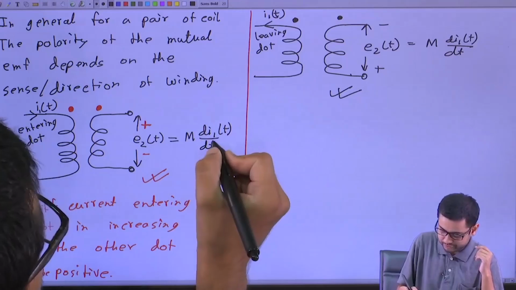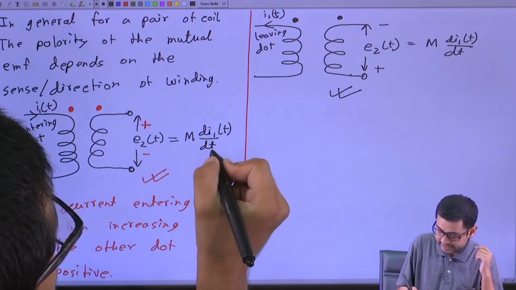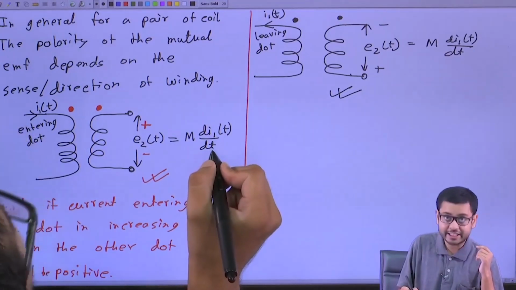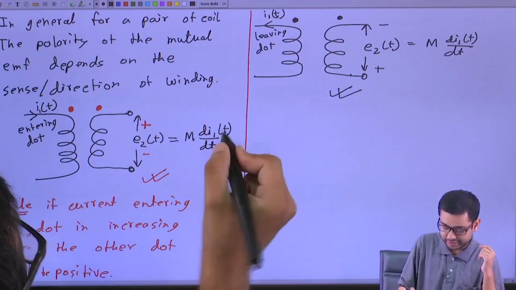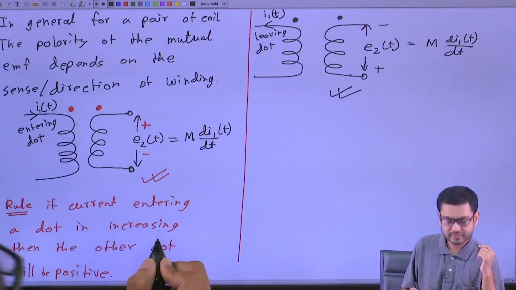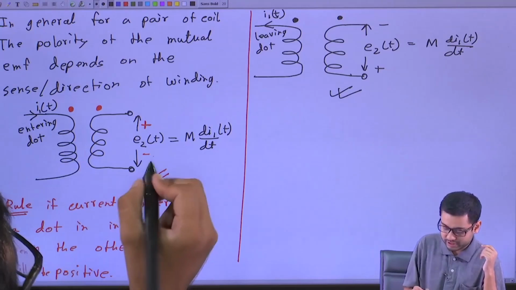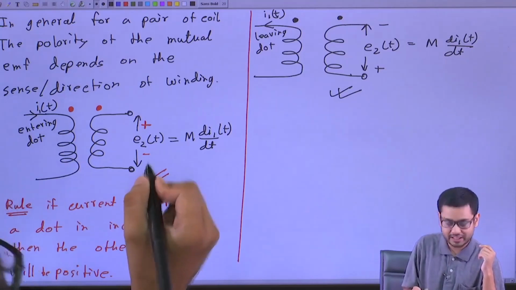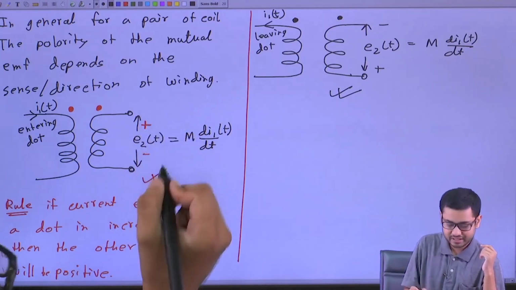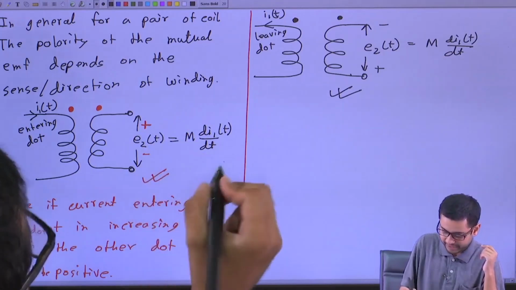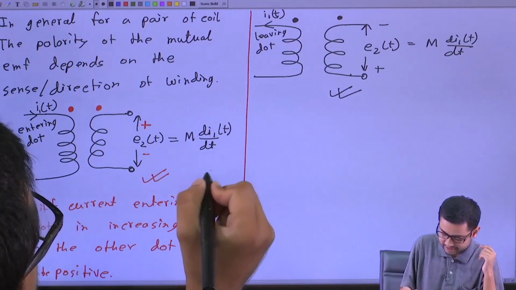Then of course one obvious thing, in this diagram, if I say di1 dt is negative, that means this current is negative. So then of course this side will be plus, this side will be minus. Let me write it and then I'll erase.